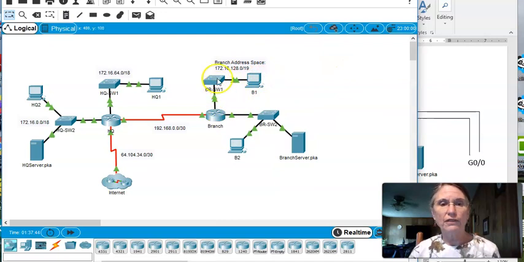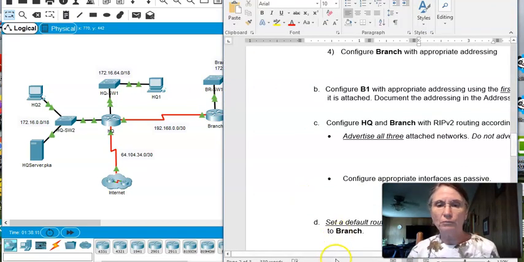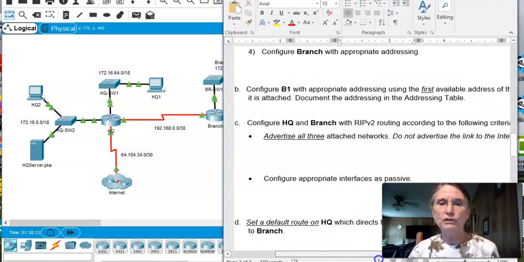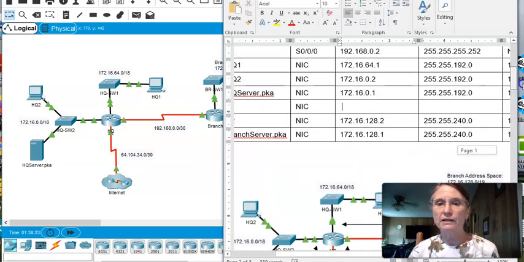So this is the G00 subnet, and so now B1, according to our instructions, needs to be configured with the first available address in that subnet.